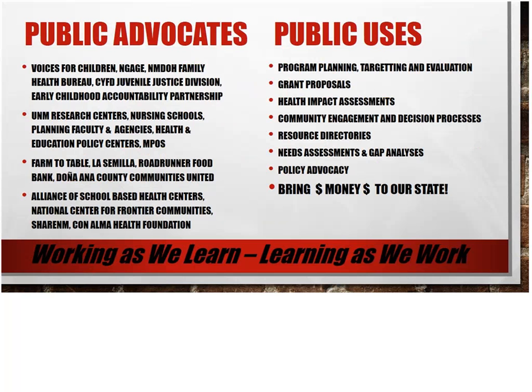So who are the public advocates we work with? You can see a list here on the left. The first section is mostly people working in early childhood. And these are local agencies and coalitions.